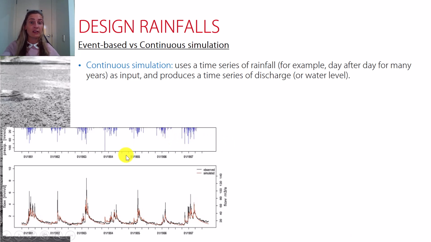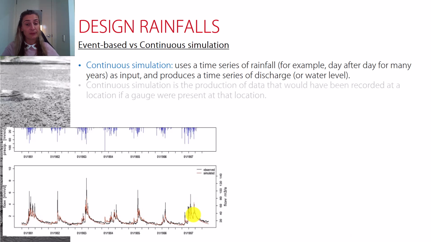We can use this in our designs. However, we need to do some post-processing with the data. We need to do a frequency analysis of this data in order to find the required design rainfall, design flood.